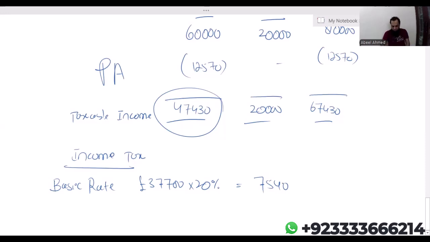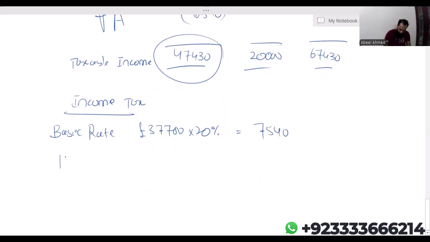Logically, that 9,730 falls in the higher rate. 9,730 times 40% is 3,893. Students, we have applied the tax on non-saving income. Now we'll move to saving income.